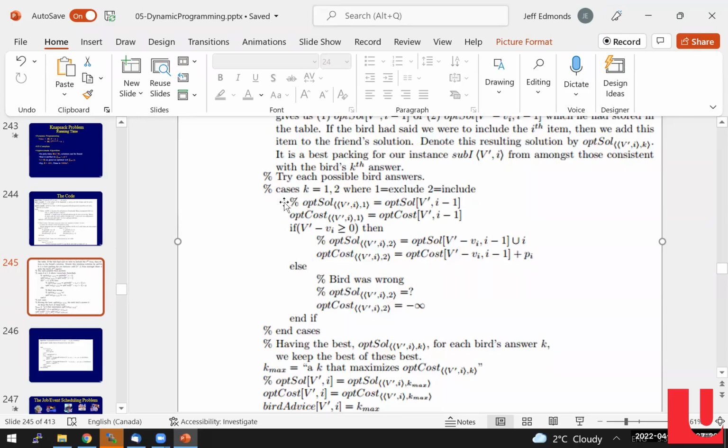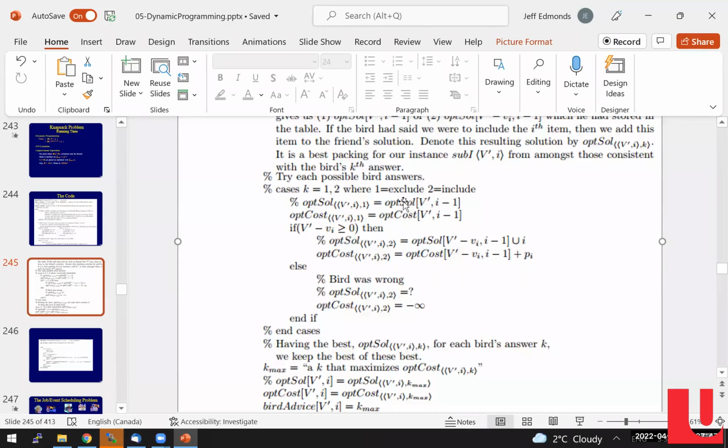For the friend-bird method, the friend here is essentially either a table lookup or a combination of a table lookup and some computation? No, the friend here is the table lookup.